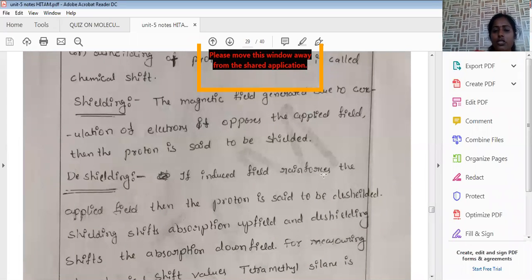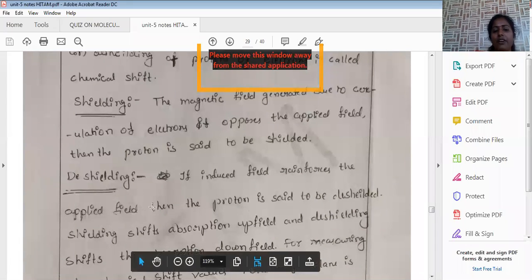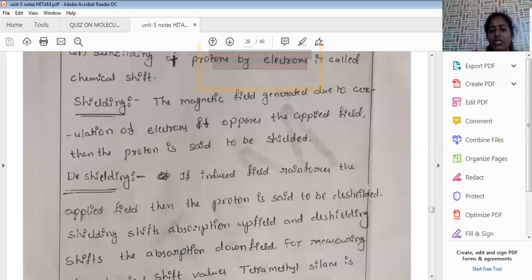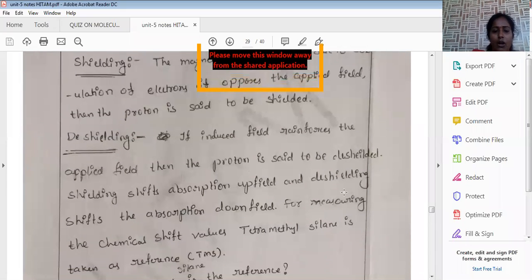If the induced field reinforces the applied field, reinforcement in the sense that both have the same direction of rotation, that type of effect is called deshielding. If the alignment is in the same direction, it is called deshielding; alignment in the opposite direction is called the shielding effect. Always remember, shielding shifts the absorption bands upfield.